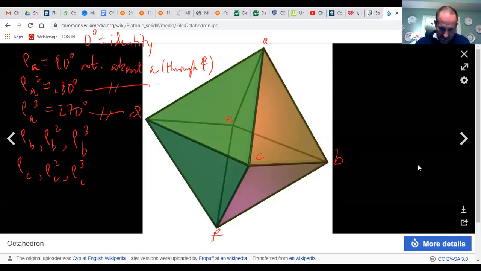So what do I have? Rho AB, which is a rotation by 180 degrees through what?